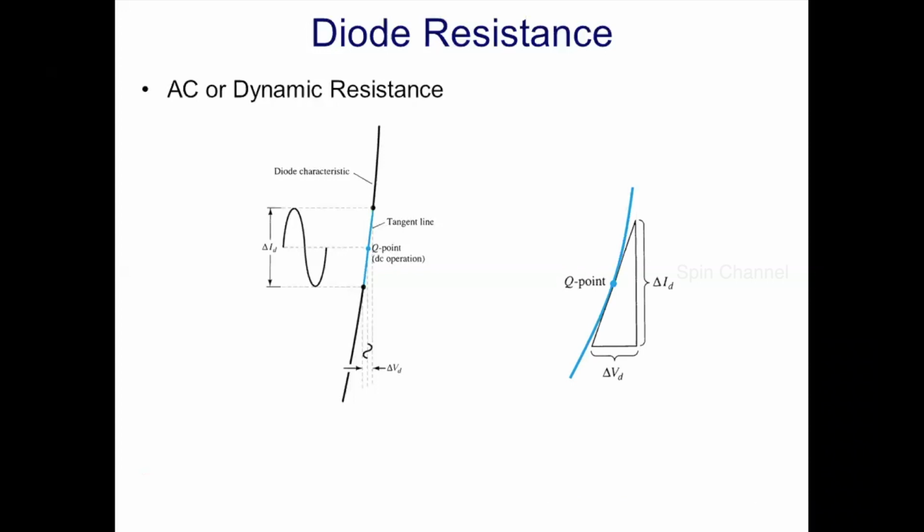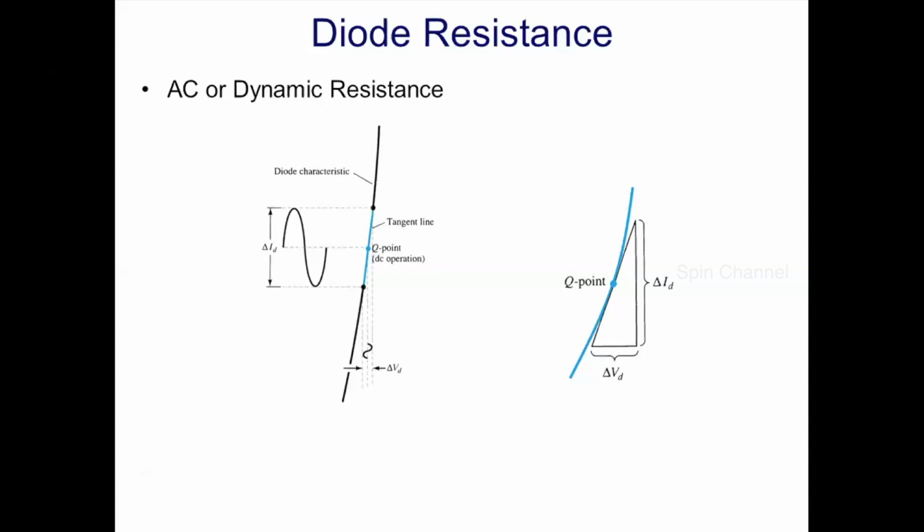So we designate the dynamic resistance as small r. So small rd is equal to del Vd divided by del Id. So what is the change in current for a corresponding change in the voltage? Mathematically, del V and del I is represented as d, so dVd divided by dId.